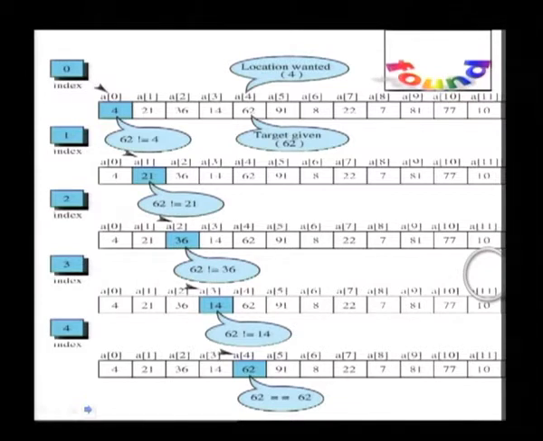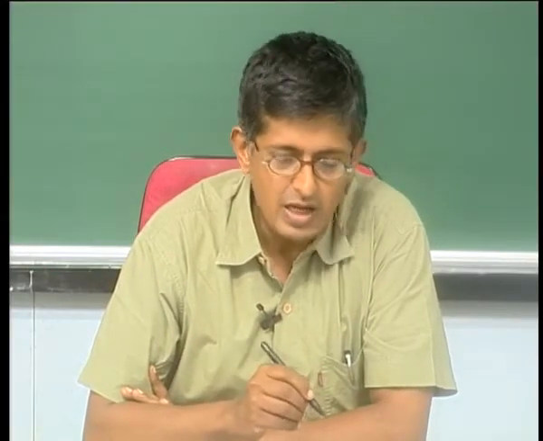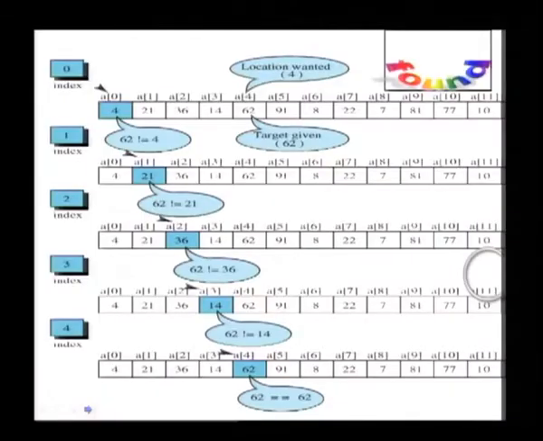And it is natural to call this a linear search. This is very important to understand, why this is called linear search. The array indices are searched in a linear fashion. You start off with 0, then 1, then 2 and 3 and so on and so forth.